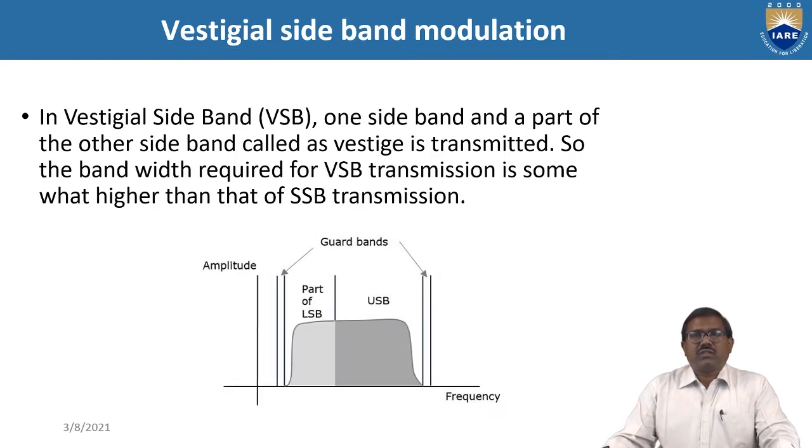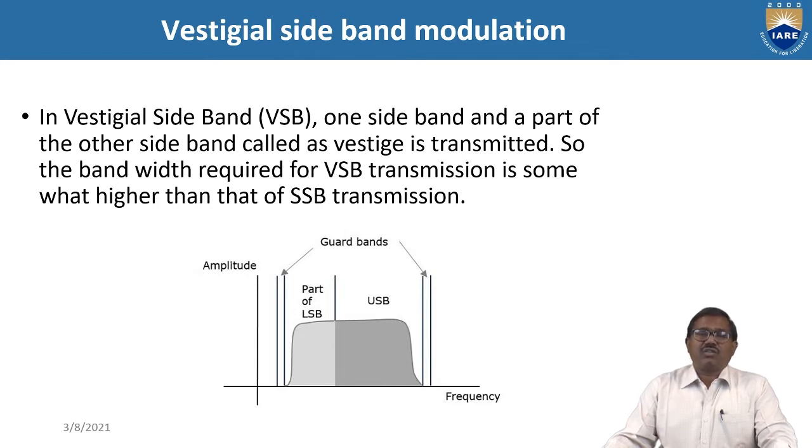So this is our vestigial sideband, and in this picture you can see the VSB. VSB is nothing but one sideband fully, and another one a part of the second sideband. Already you know that we have two sidebands, the upper sideband and the lower sideband.